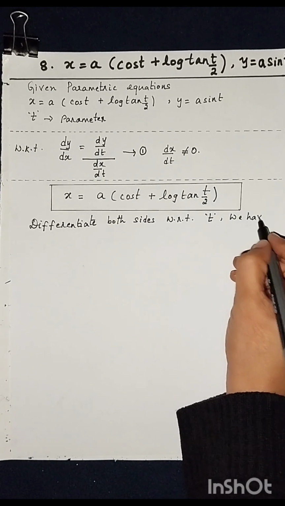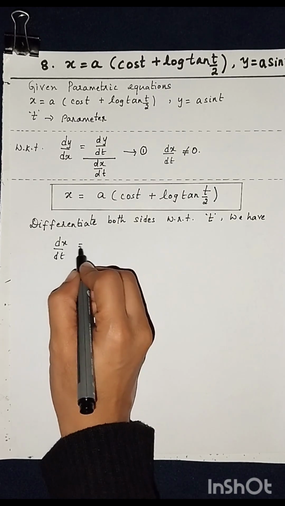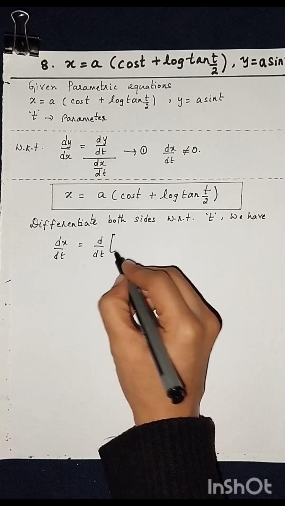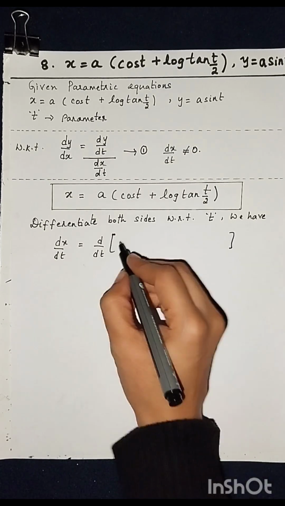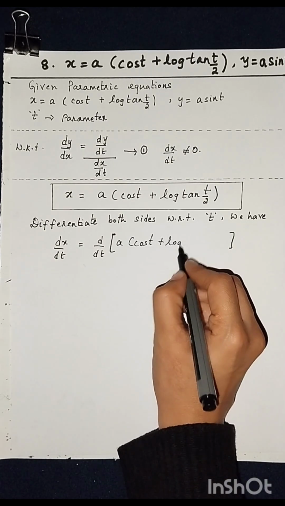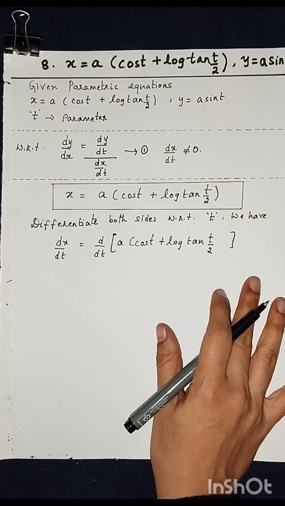We have dx by dt is equal to d by dt of a into (cos t plus log tan t by 2).